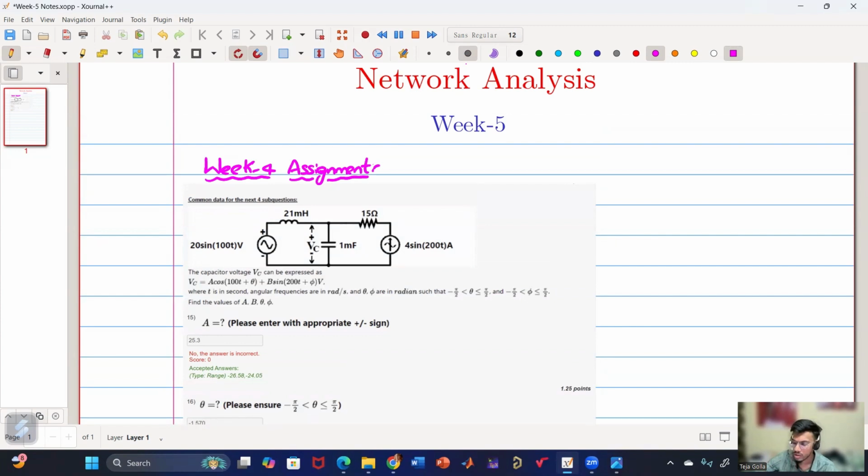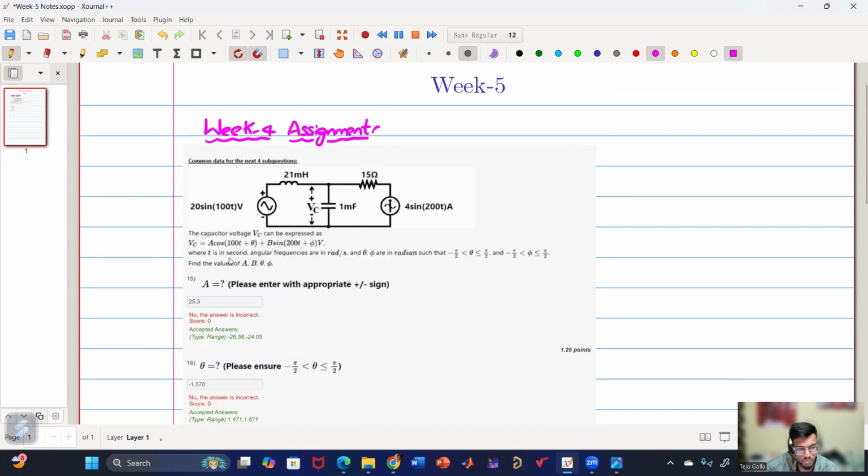Okay. So in that case, you remember, right? If it is sine, how do we convert it into phasor? V angle minus theta. So it will be 20 angle minus 90 degrees, right? Yes, sir.